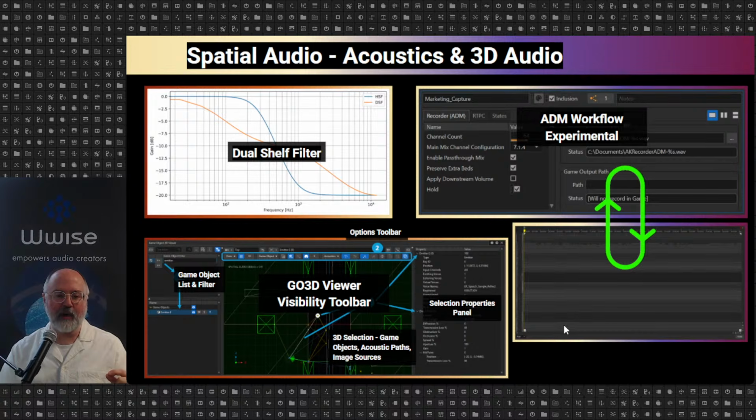And in 25.1, we added the experimental ADM recorder, which allows you to put that effect on a bus in the bus's hierarchy and record the parts of the mix that arrive there across different categories like pass-through, main mix, objects, and configurations. So dig into that.